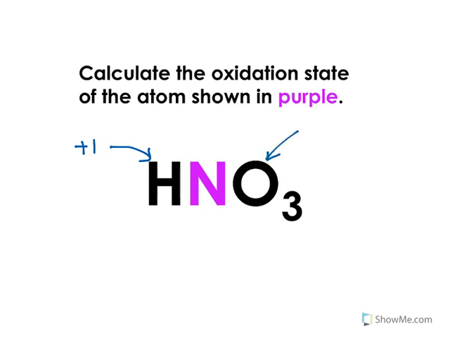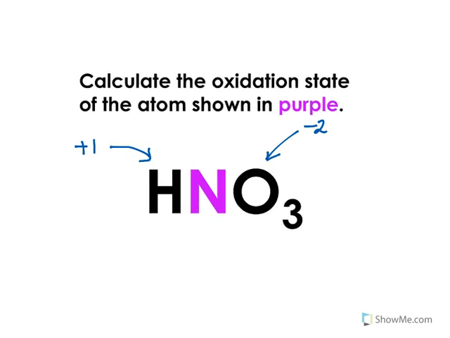Similarly, oxygen is usually in oxidation state -2. So hydrogen in the +1 oxidation state, oxygen in the -2 oxidation state, and the question is, what is the value for the nitrogen, because that's shown in purple. So I'm just going to give that a value of x. If we look at the total charge, which is up here, it is 0.